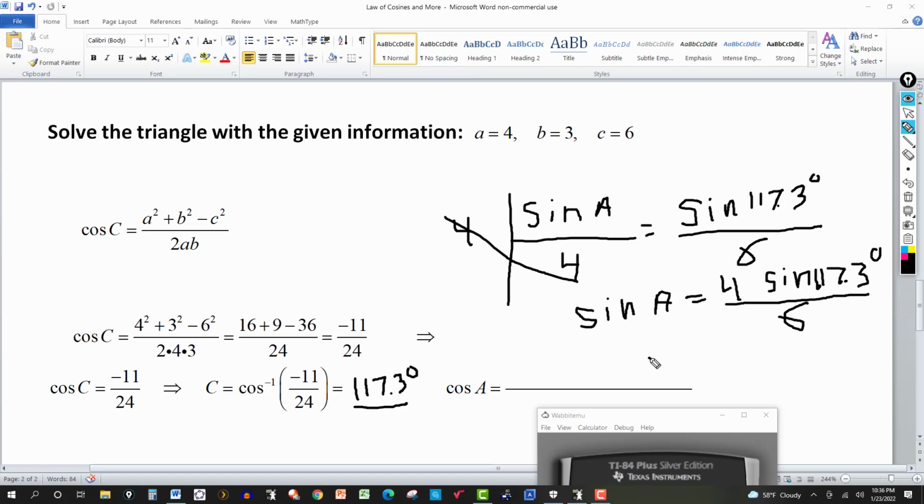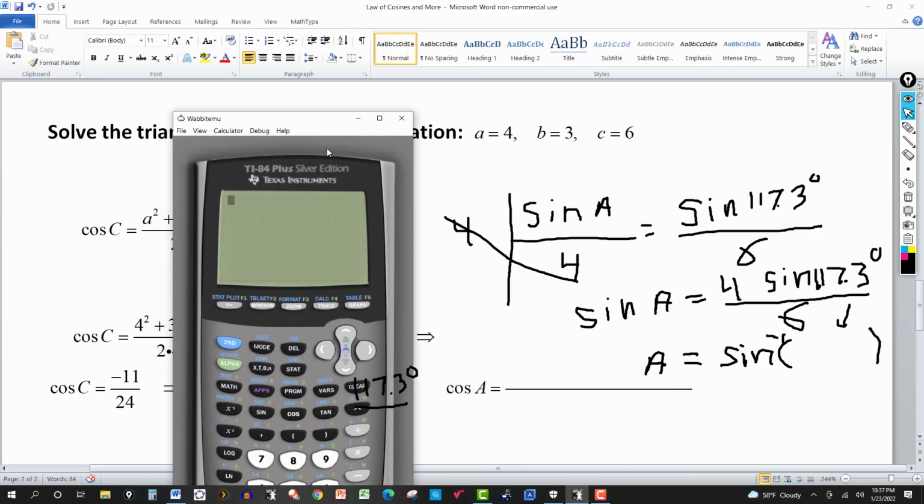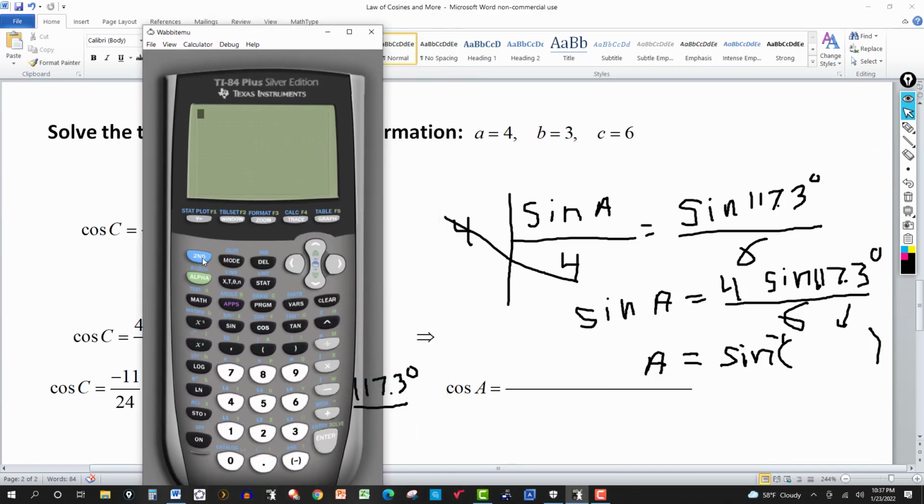So then, take sine inverse of both sides. So then I would just say that A is equal to the sine inverse of this quantity. So let's do it in the calculator over here. Second, I want sine inverse now.